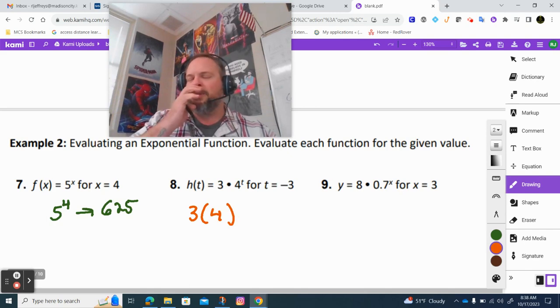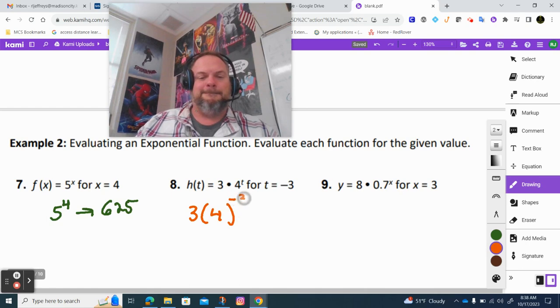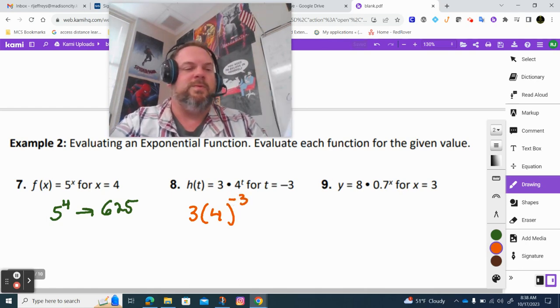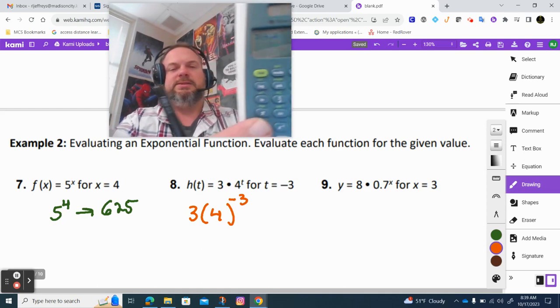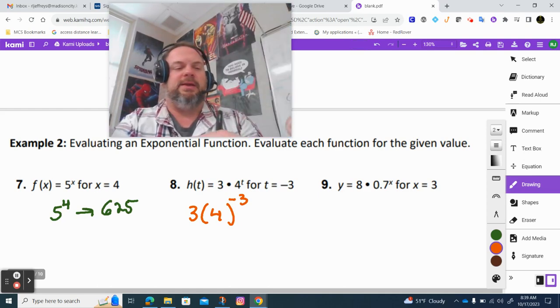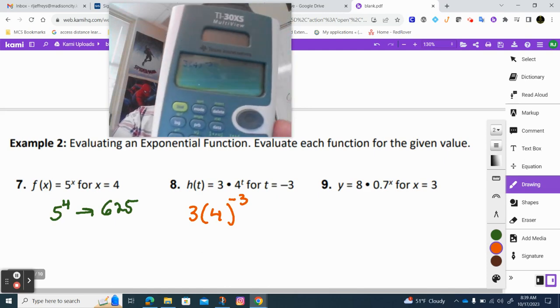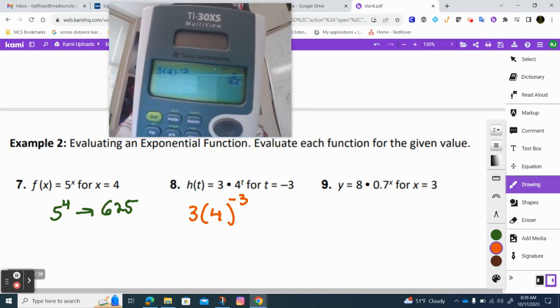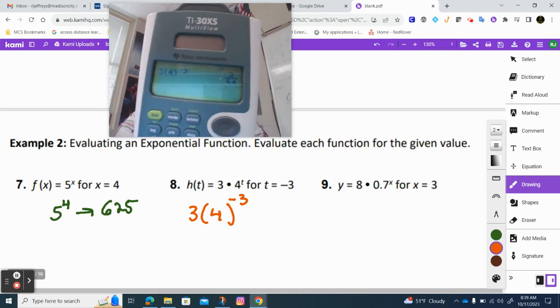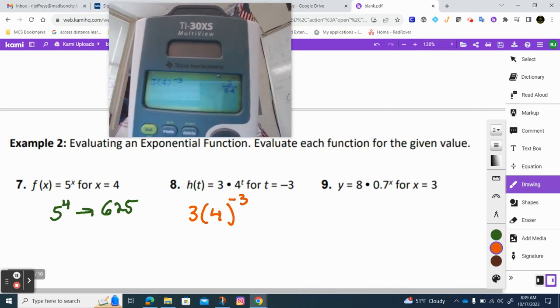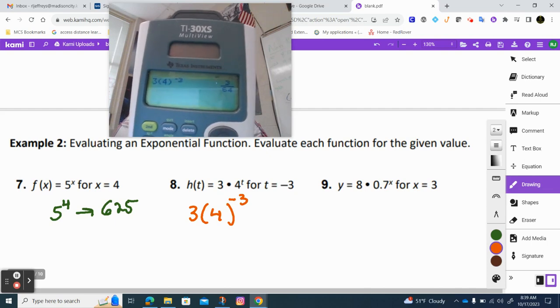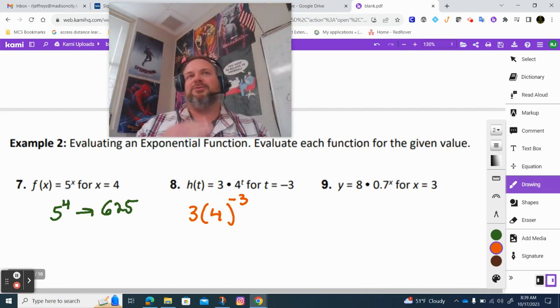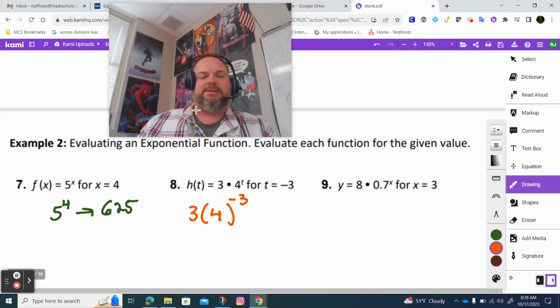Now this dot, remember the big dot in the middle, like a big belly button, means multiply. So when we type this in, we're going to do 3, parentheses, 4, parentheses. Same thing, raise the roof, -3. You should get 3 over 64. Now, what's funny is in years past, I have taught this after we've learned negative exponents.